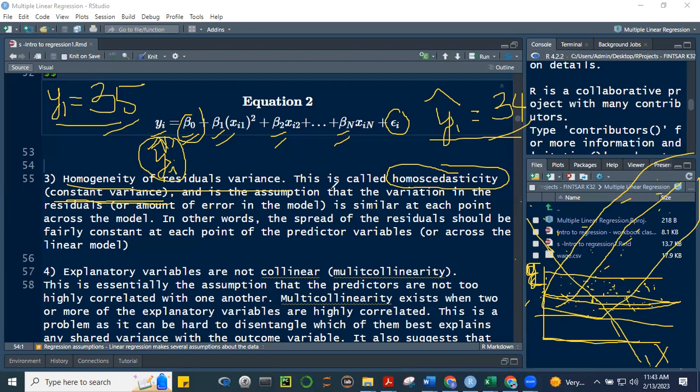So in that case, the residuals are heteroskedastic, and we don't want that, because it means that our model is not able to capture that going up movement or going down.